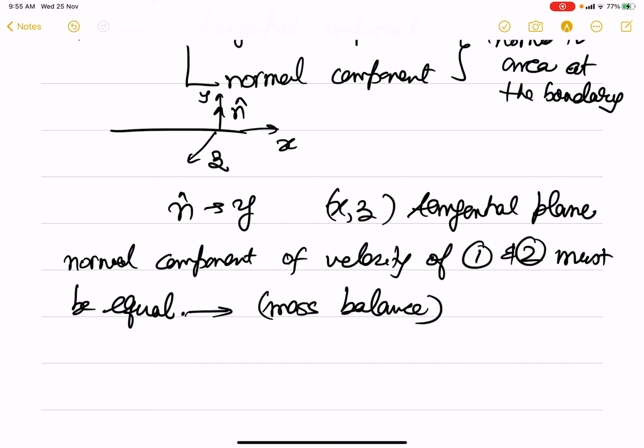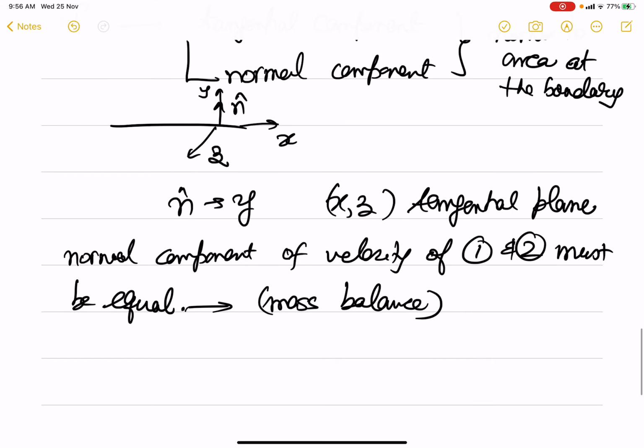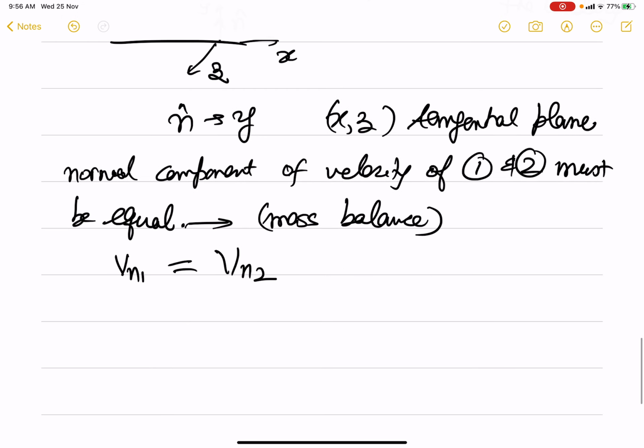Because if there is a piercing element in the normal direction, then it has to go inside the boundary and the boundary will have to deform like this. So therefore, the normal component Vn on side 1 must be equal to the normal component of velocity on the boundary element. So this is the boundary condition which we get for the normal component.